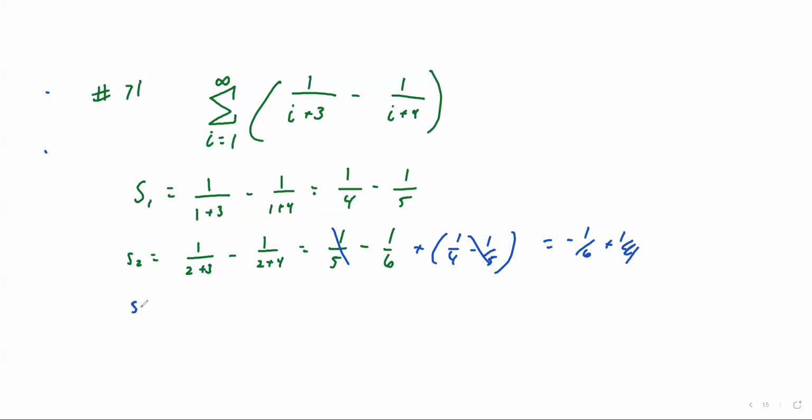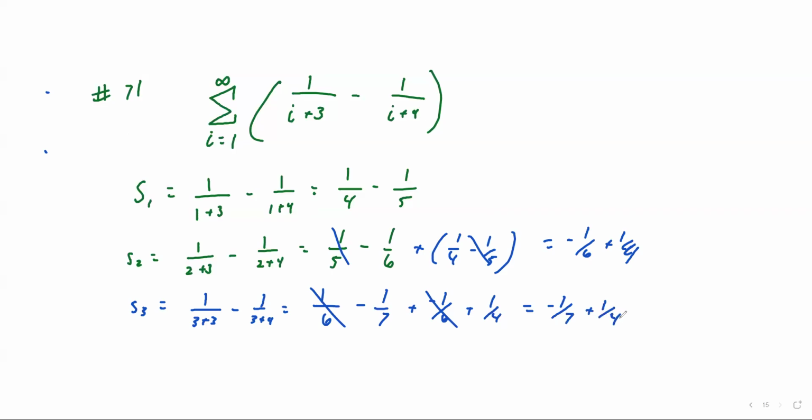Then when I do S of 3, this will give me 1/6 minus 1/7 plus the previous stuff, so negative 1/6 plus 1/4. And when I do that, I see that those cancel, and again I'm left with negative 1/7 plus 1/4.